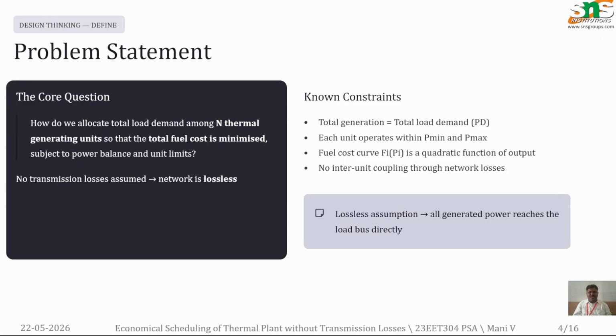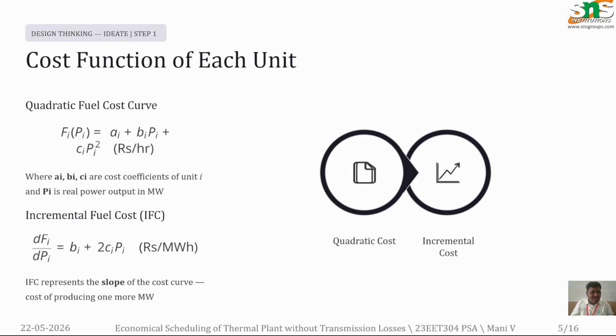So the constraint is that total generation equals total demand, and each unit operates within its minimum and maximum value. The fuel cost curve is a quadratic function of output, with no inter-unit coupling through network losses.